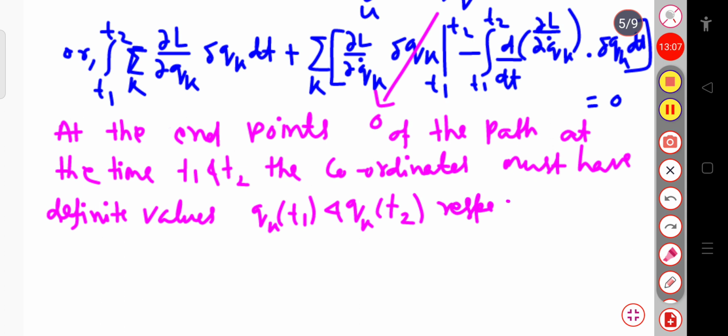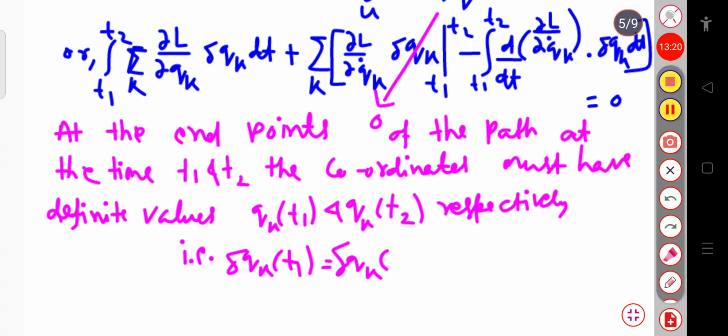So we can write QK of T1 equal to QK of T2, and delta QK of T1 equal to delta QK of T2, that is equal to 0.